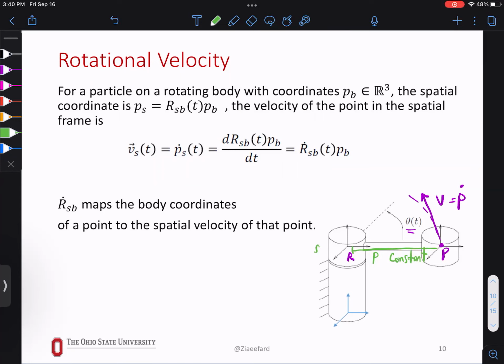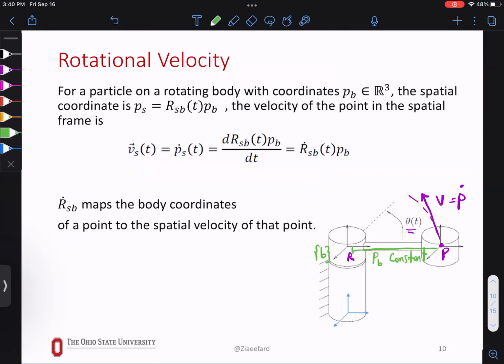So if I call this the B frame, I put the frame of this rigid body on that center, this becomes PB. The position of point P, which is at the center of the arm, in the body frame is going to have some value in this space all the time, because the body frame is moves with it.